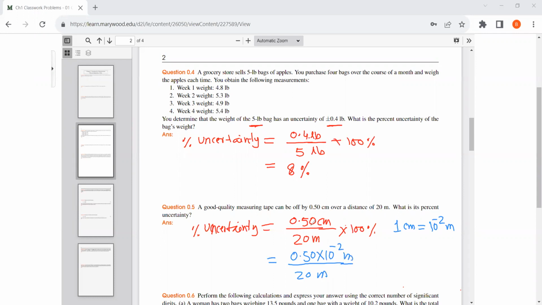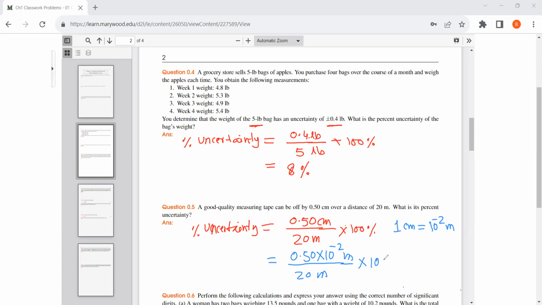Because we have centimeters, we can convert following the rule we used in problems 1, 2, 3, or it is very simple here. You have to convert centimeters to meters, and 1 centimeter is 10 to the power minus 2 meter, so for 0.50 centimeter you just multiply by 10 to the power minus 2 meter.